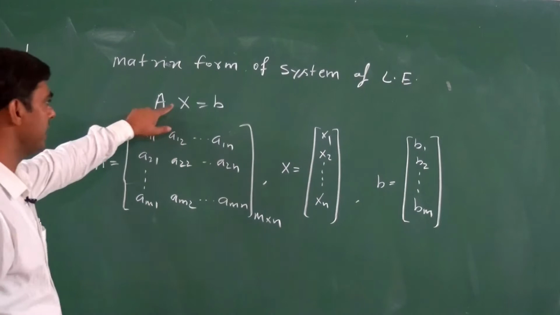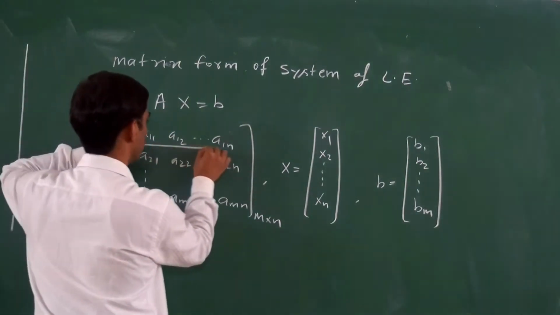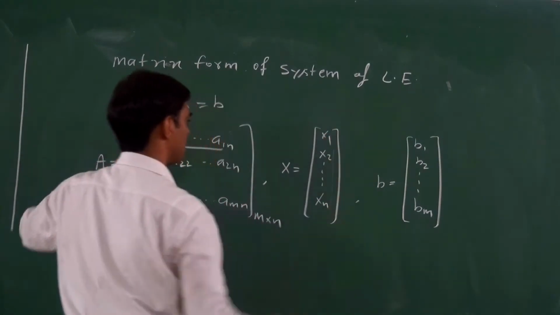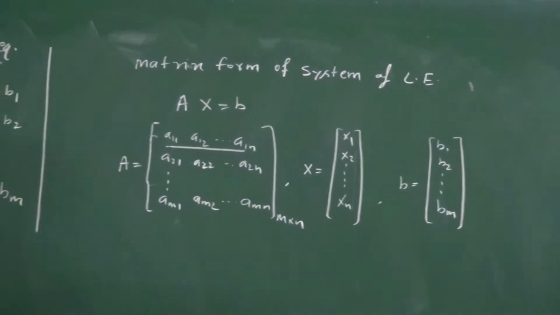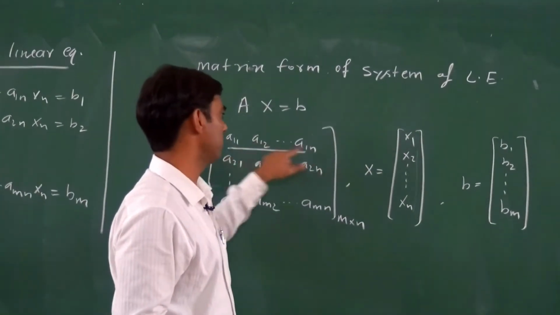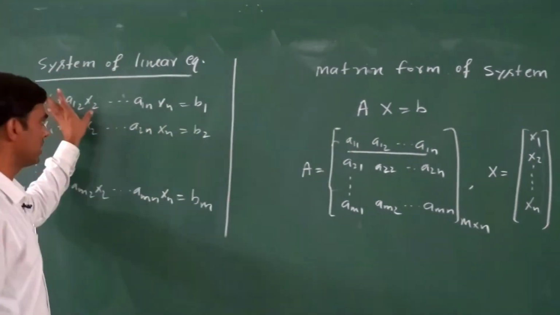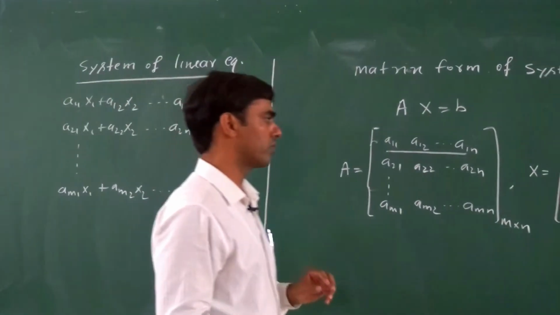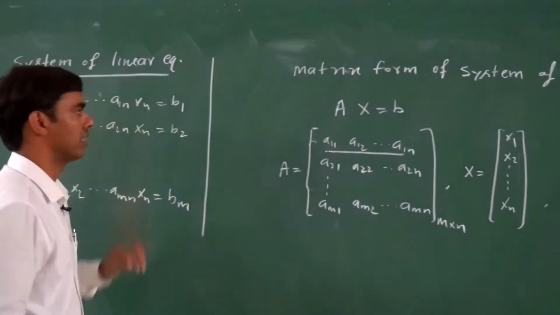So, this one is A into x. If we multiply row by column, then we get the first equation, meaning a11 x1 plus a12 x2 up to a1n xn. This one is the left hand side, and this equals b1.